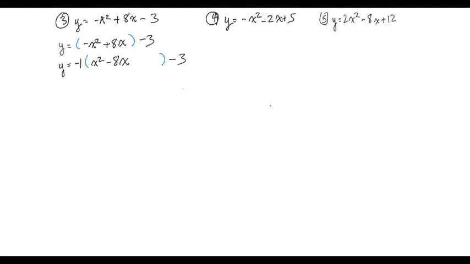So I'm going to put that in red here. Remember, we take -8, we divide it by 2, and then square it. Punch that in your calculator, and you're going to get +16. So that is what we have to add and subtract from our bracket.